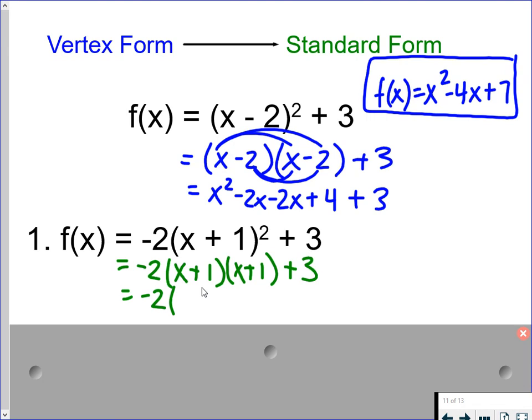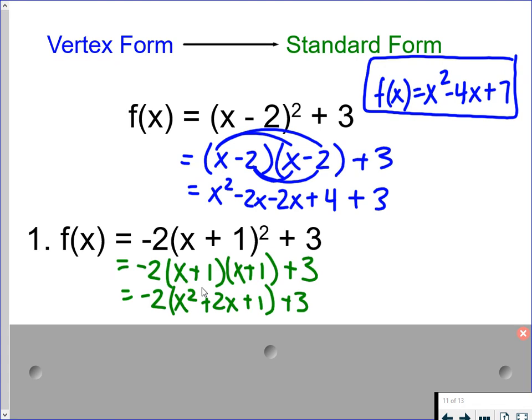I could say x squared, then I have 1x plus 1x, so that gets me 2x, and then 1 times 1 gets me 1. If you're not there yet, don't worry about it. Keep doing what you're doing. And then plus 3. Now, I can distribute that negative 2 all the way through and then go from there.